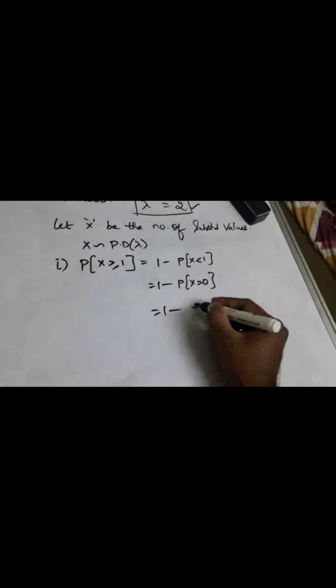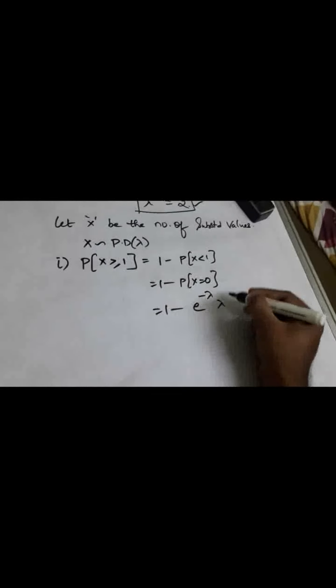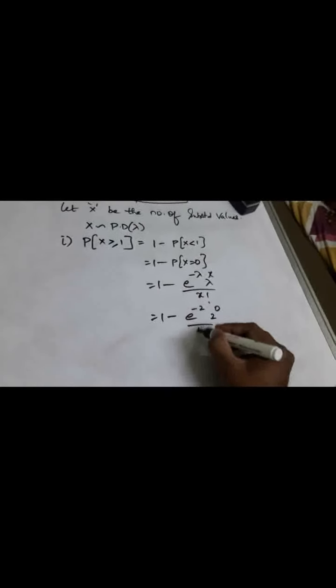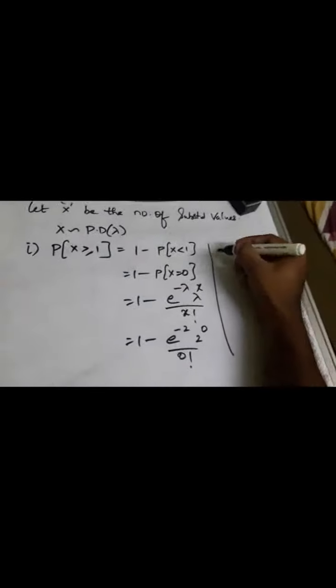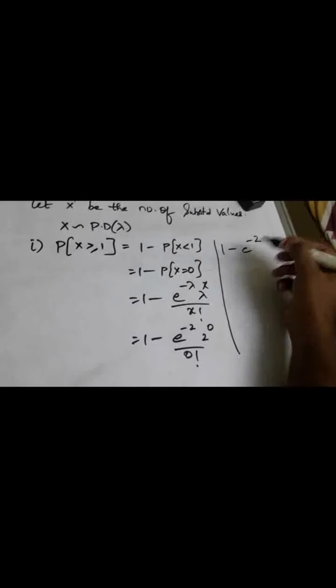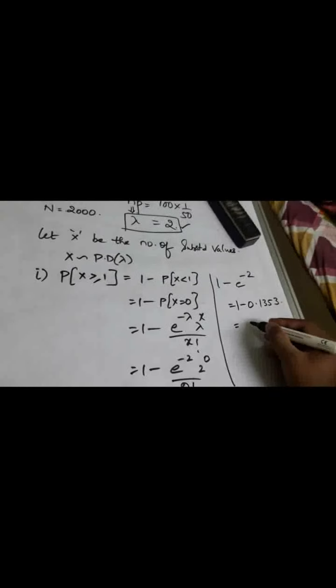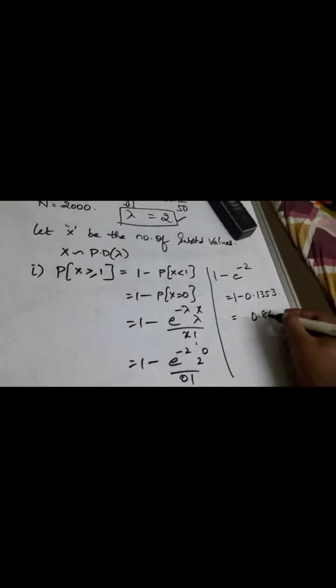Therefore 1 minus, apply the Poisson distribution PMF, e power minus lambda, lambda power x by x factorial, that is 1 minus e power minus 2, 2 power 0 by 0 factorial, 1 minus e power minus 2, that equals 1 minus 0.1353, that equals 0.8647. So this is the probability.